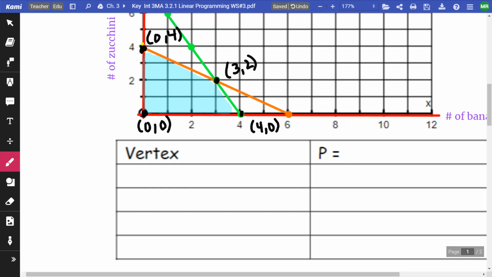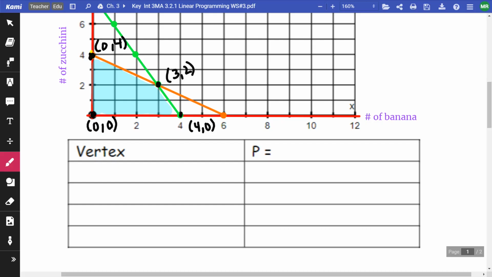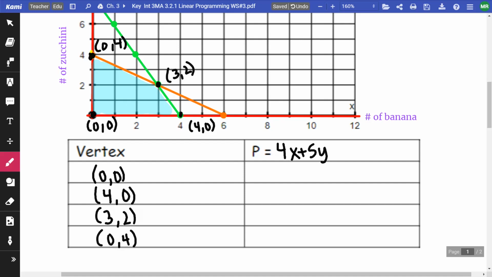So these are the vertices I'm going to plug into my objective function. And my objective function is 4x plus 5y. So I'm going to be substituting in these vertices. So I have 0, 0. I have 4, 0. I have 3, 2. And I have 0, 4.